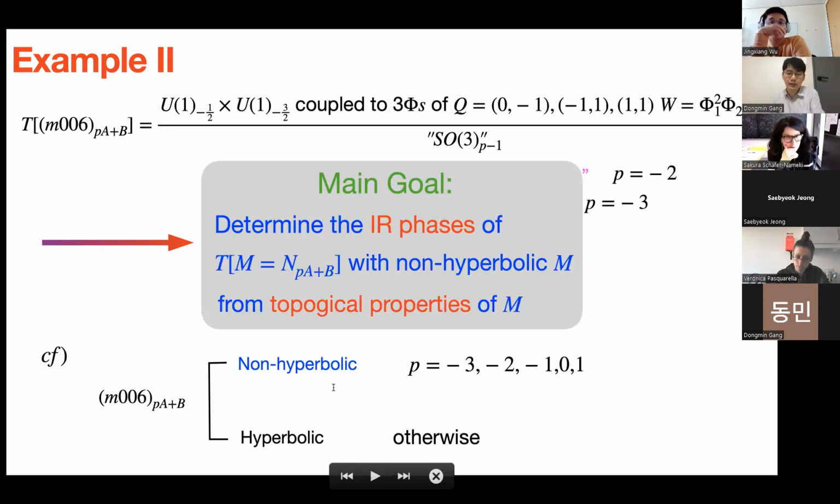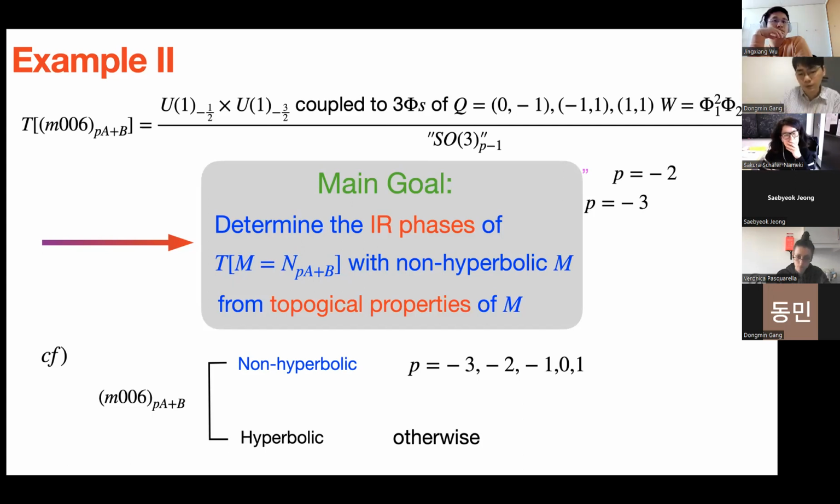The main goal of my talk is to determine the IR phase of these theories for non-hyperbolic M, which corresponds to exceptional Dehn filling, from the topological properties of this non-hyperbolic manifold M. When the manifold is hyperbolic, it always just flows to some SCFT without anything interesting happening.